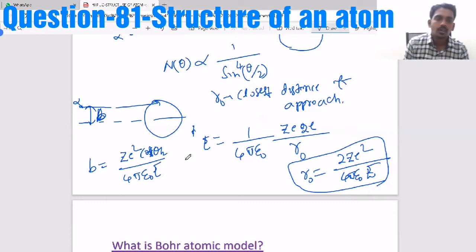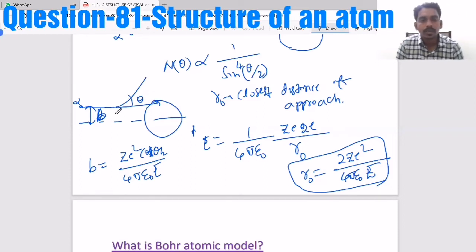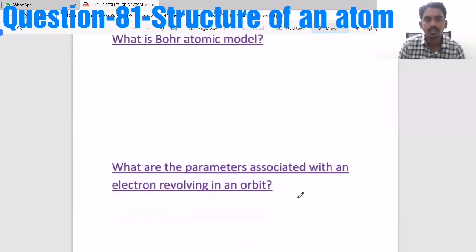Then it gets deviated through an angle theta, and that initial perpendicular distance we call the impact parameter. That has an impact on the deviation, that's why we call it the impact parameter.